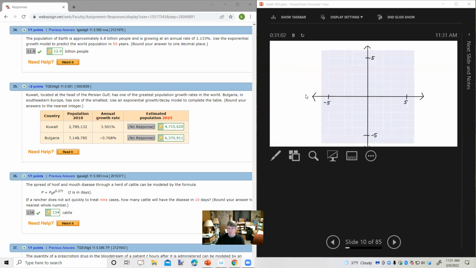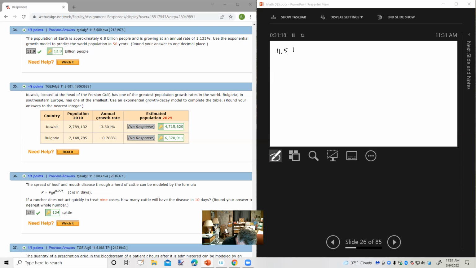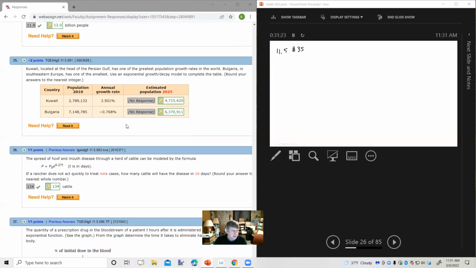Okay, so what we're going to do right now is take a look at problem number 35 from 11.5, which is over on the left side of the screen.